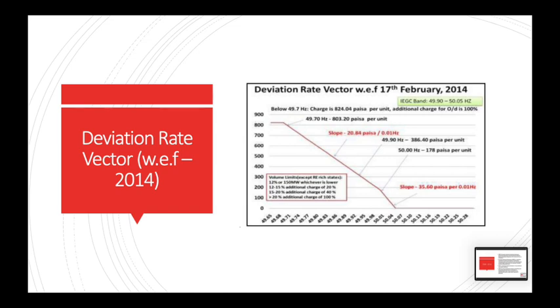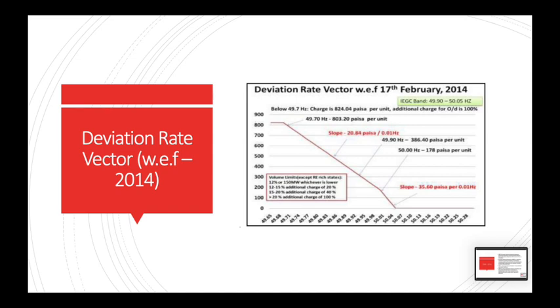But the grid has clearly said that, whatever the condition may be, nobody is allowed to under inject when the frequency is less than 47 Hz, and nobody is allowed to over inject when the frequency is greater than 50.05 Hz. Now let's take one more example to be clearer on this issue.